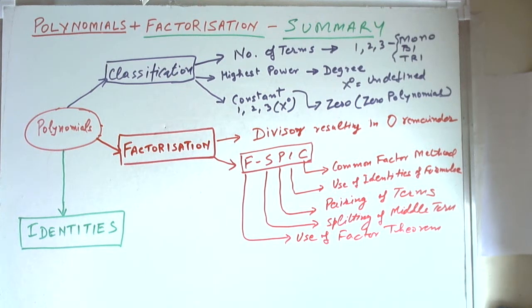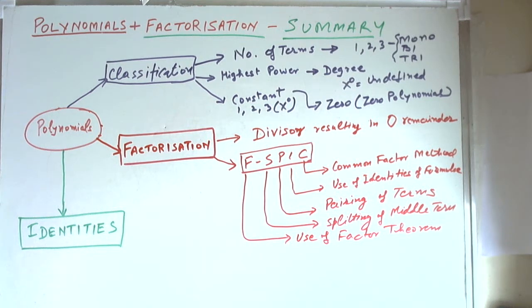First, the common factor method. If we find that there is something common in all the terms, we can take that out, and then we get the factorization. Or use of identities and formulae, and then by pairing of terms, especially if there are 4 terms, then we can pair 2 each and then find the common factor in a 2-step method.